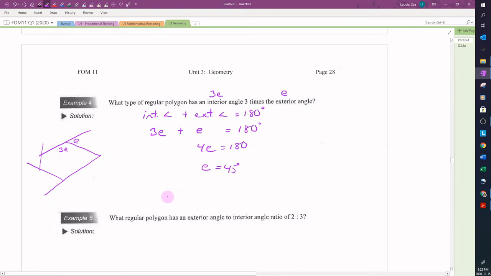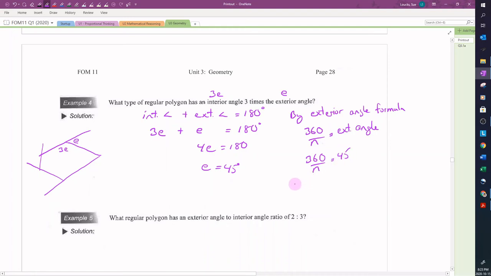And by the exterior angle formula, which says that 360 divided by n equals the exterior angle, 360 divided by n equals 45.